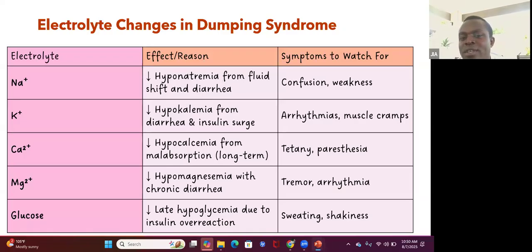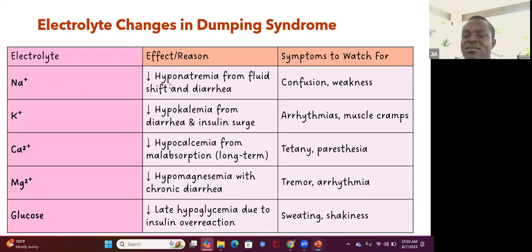As you have all that fluid loss through the diarrhea, the fluid leaves your body with these electrolytes, okay? It leaves the body with sodium and potassium. And when you see these patients with confusion or signs of weakness, think of low sodium levels.